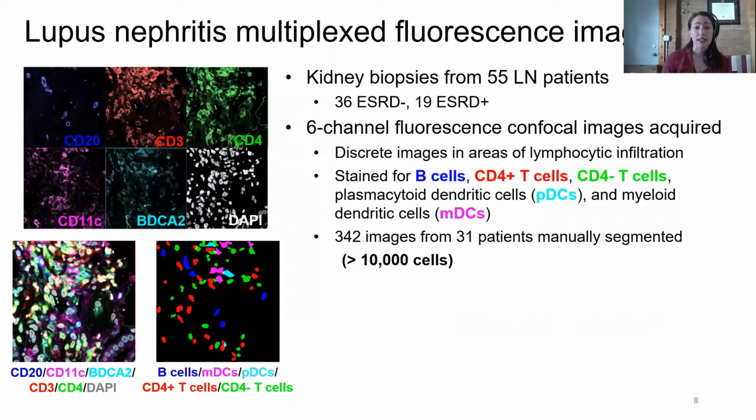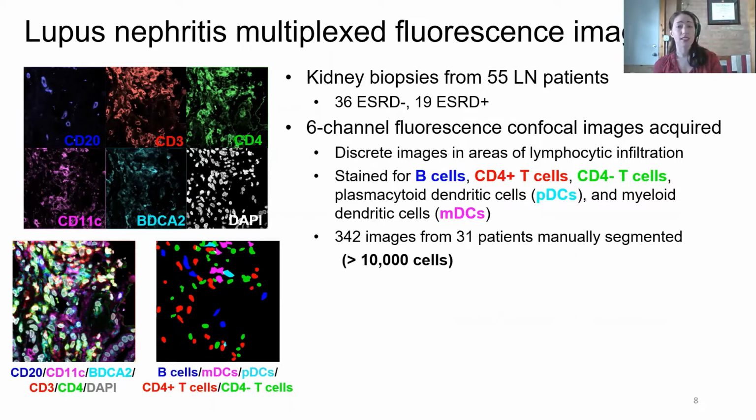Our data set has 55 lupus nephritis patients, 36 were ESRD negative, so did not progress to renal failure, and 19 of our patients did progress to renal failure. This is within a 2-year follow-up. On kidney biopsies from these patients, we did 6-channel fluorescence confocal imaging.